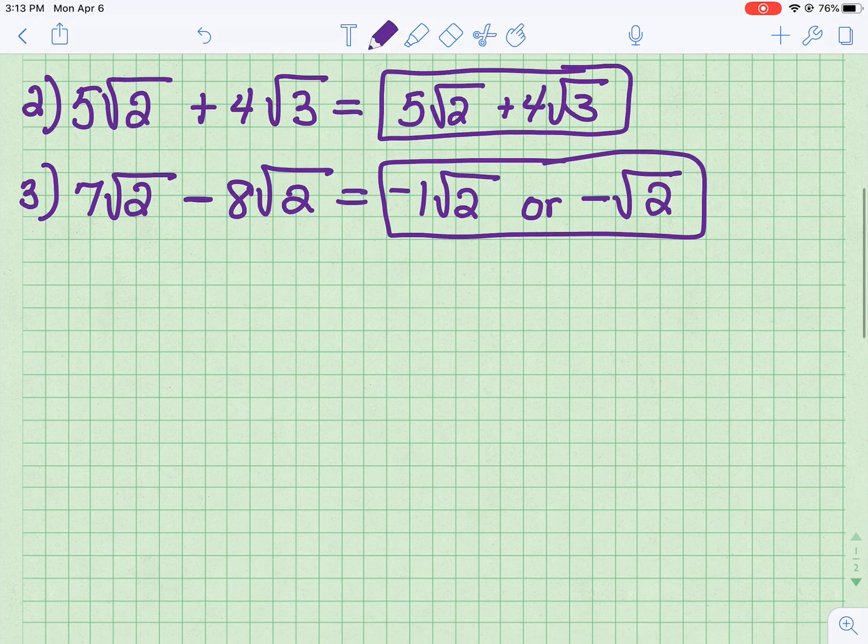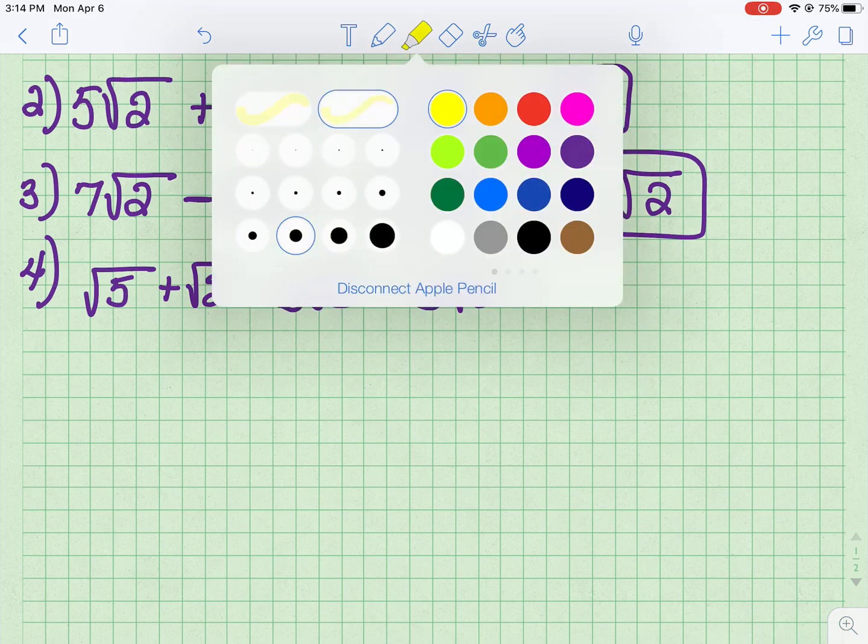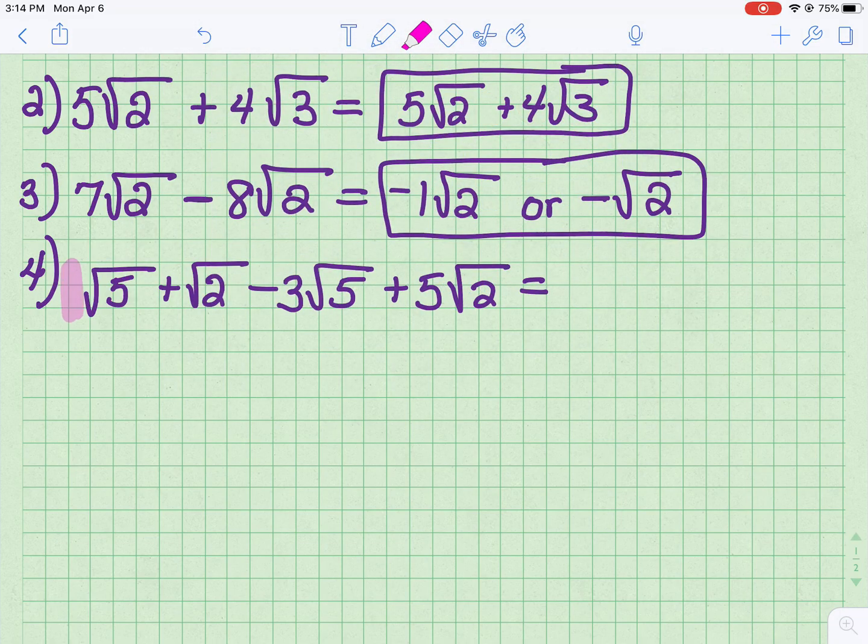Now let's get a little more complicated, okay? Number 4, we have a root 5 plus a root 2 minus a 3 root 5 plus a 5 root 2. Now this is very similar to putting together like terms. That's exactly what we're doing. So I'm going to look at the root 5 and see if there's anything else that has a root 5.